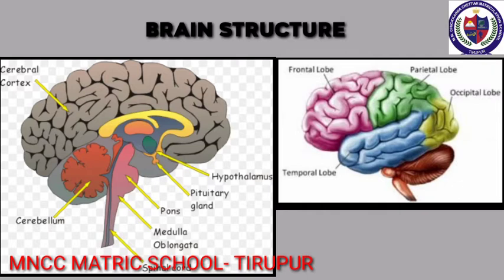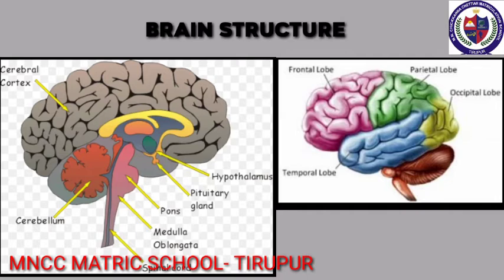Pons. Pons is a Latin word meaning bridge. It is a bridge of nerve fiber that connects the lobes of cerebellum. It relays signals between the cerebellum, spinal cord, midbrain, and cerebrum. It controls respiration and sleep cycle. Medulla.